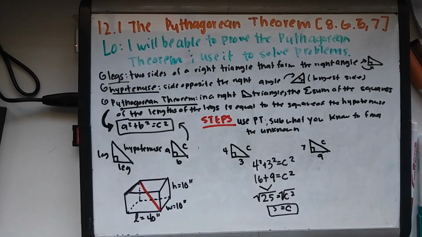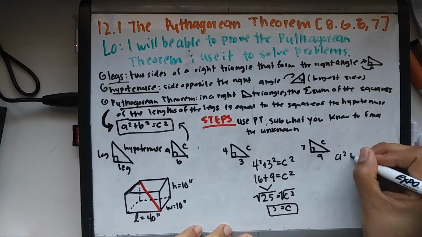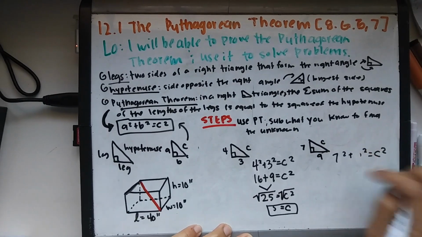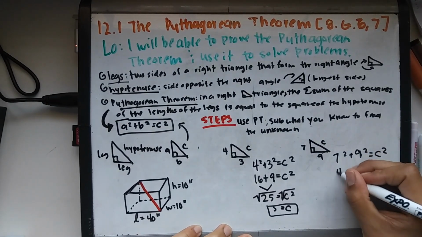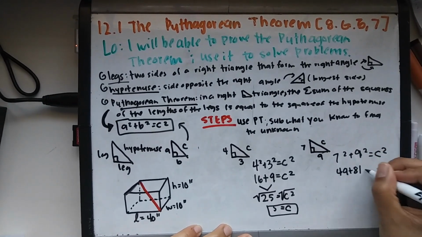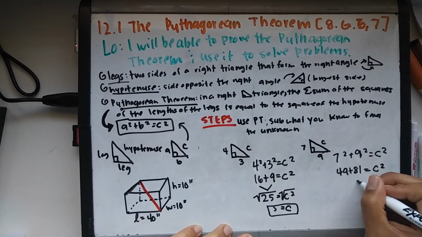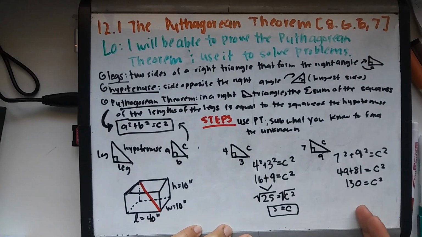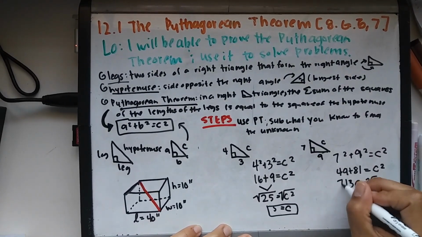Let me go ahead and do this one, and then I'll give you one to do. Again, a squared plus b squared equals c squared. A is 7, B is 9, C I don't know. So that's 49 plus 81 equals c squared. So that would be 130. That is not a perfect square, I know that for sure. So I'm going to square root that.